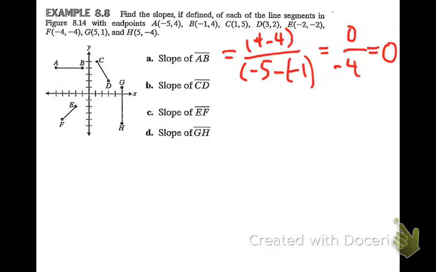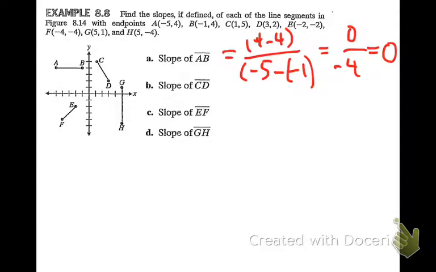Okay, let's do one that's not vertical or horizontal. Let's do CD. We're going to let the point C be x2 and y2.